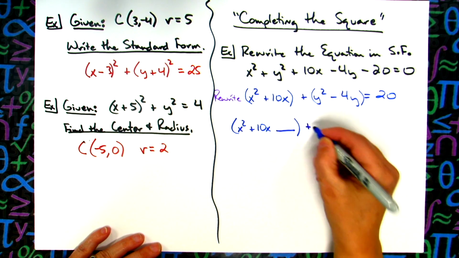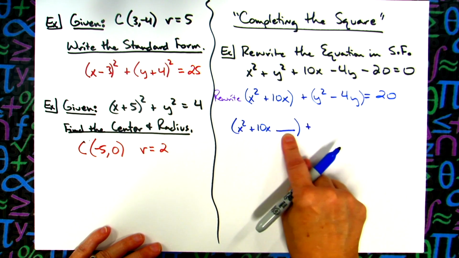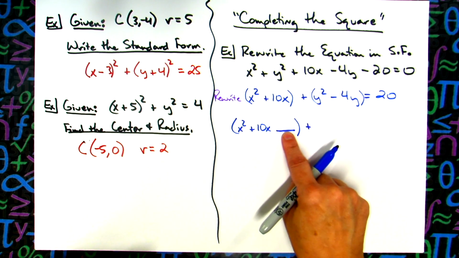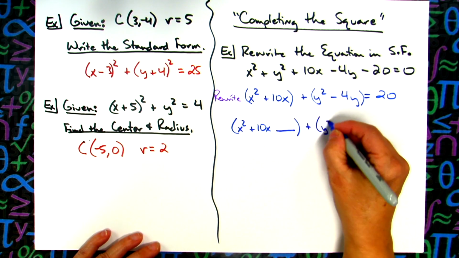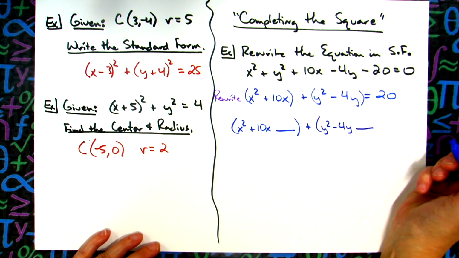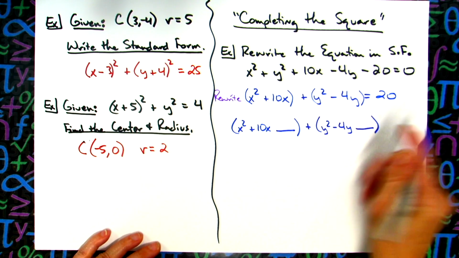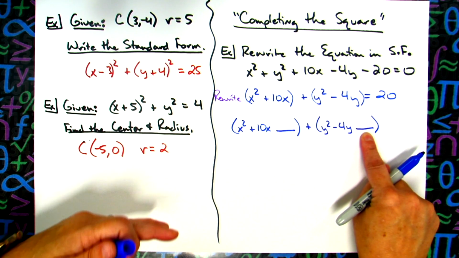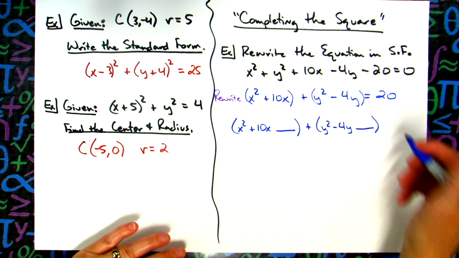So I literally will draw a blank line there, so I'll remember I got to put something there. Same with y squared minus 4y. If I added something right there, I could force this to turn into a perfect square trinomial.